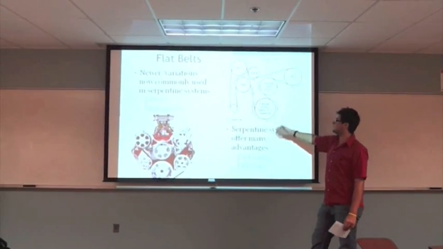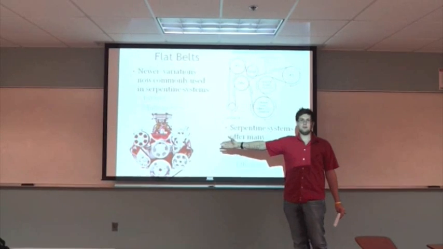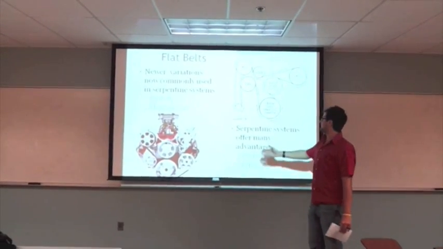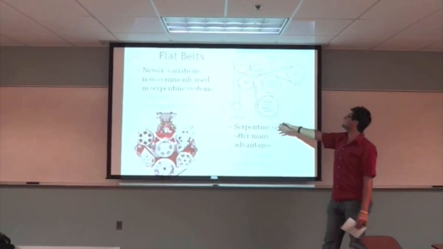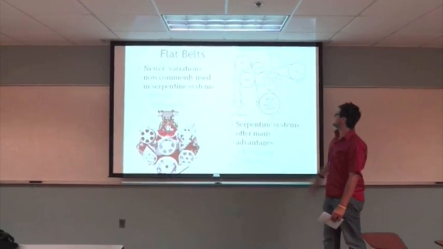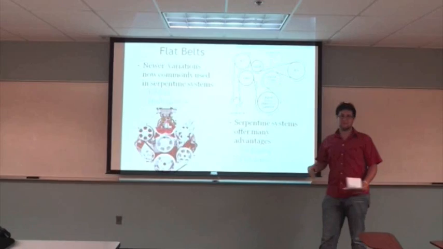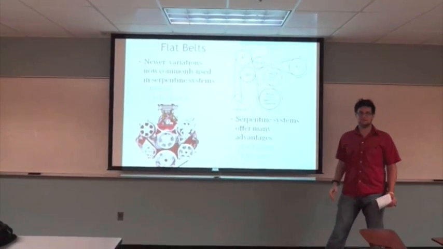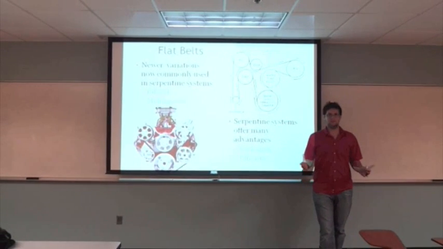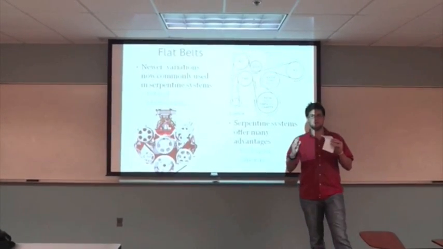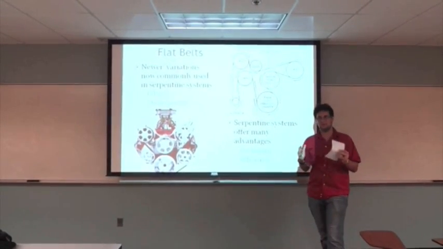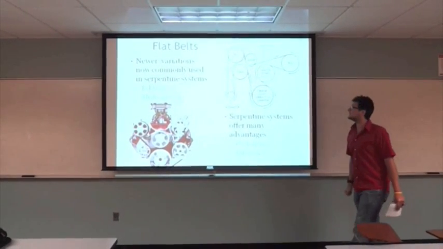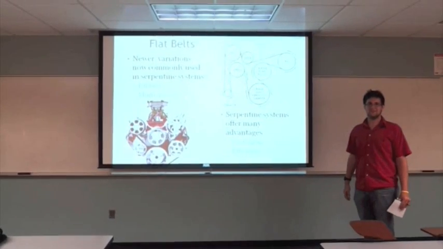You can see they're mainly used in front of the engines on our vehicles to power our fans, alternators, and everything in front of the engine. With these serpentine belts, you can fit the whole system into a much smaller space, and they're very efficient. So now, I'll give it to Brian.